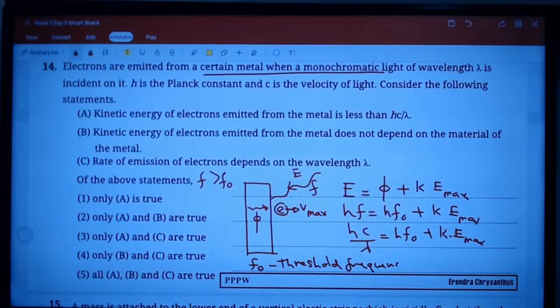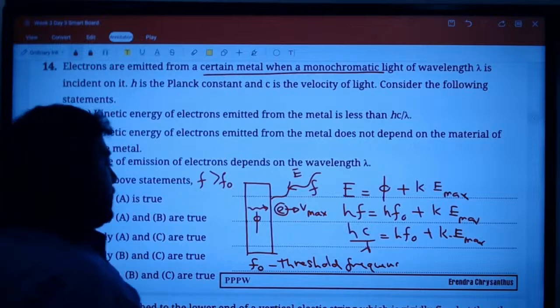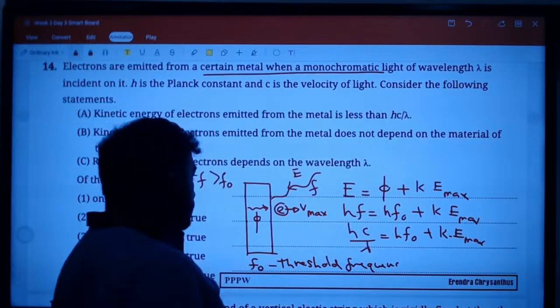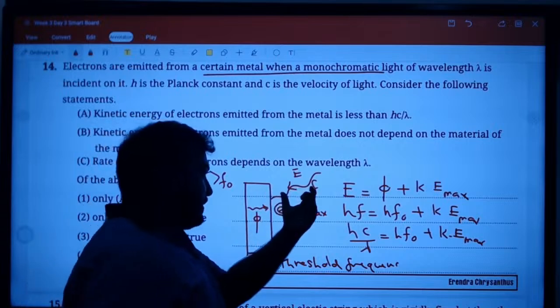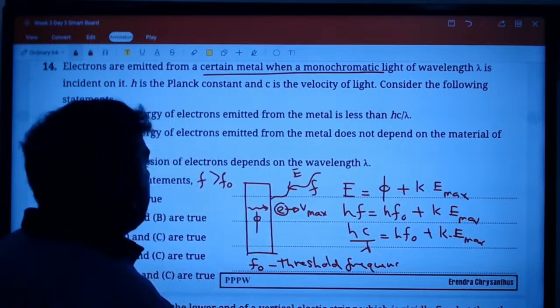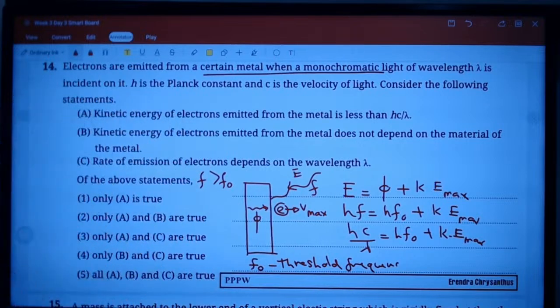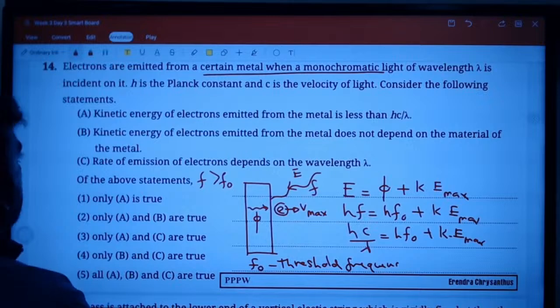The photoelectrons are emitted only when the incident frequency is greater than the threshold frequency.